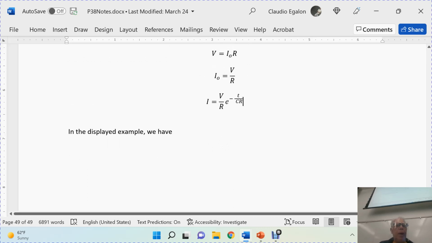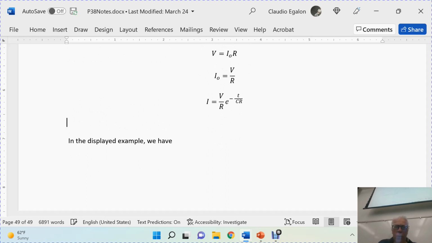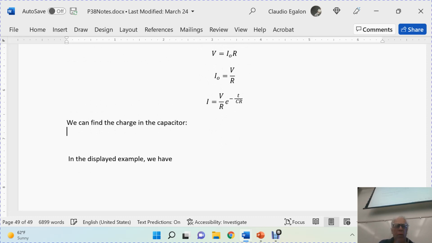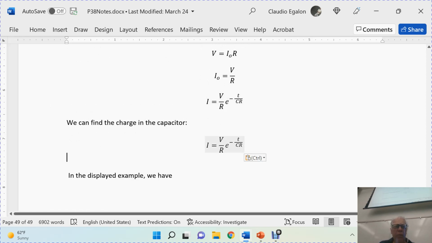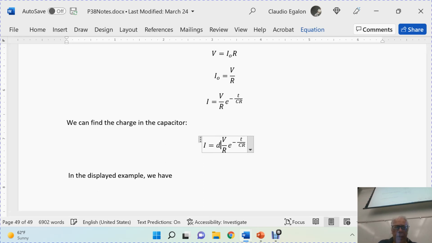And then we can go ahead and find other things. We can find the charge in the capacitor. How do we find the way that the charge varies in the capacitor? That's straightforward. Current is going to be dq/dt, right? Here you go.